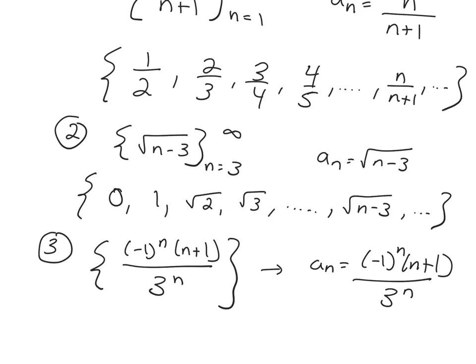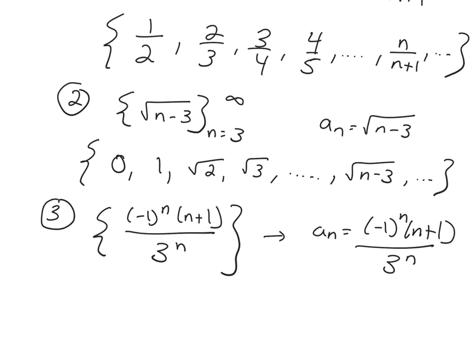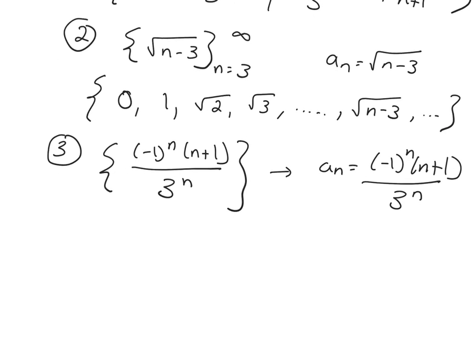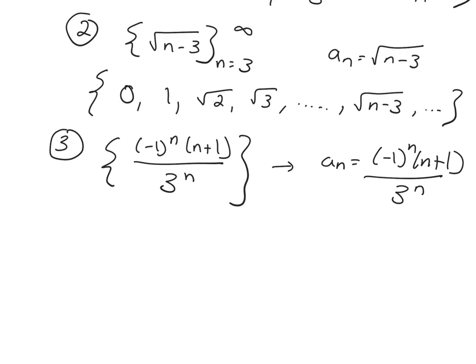We'll start off by plugging in n equals 1. What am I going to get if I plug in n equals 1? -2 over 3. Negative. So if you plug in 1 in the top, you'll get a 2. 3 to the first, it'll be 3 in the denominator, right?